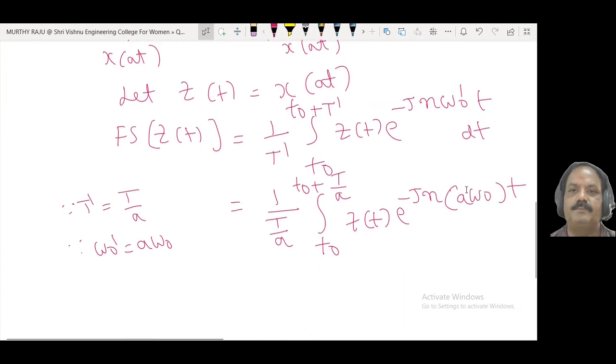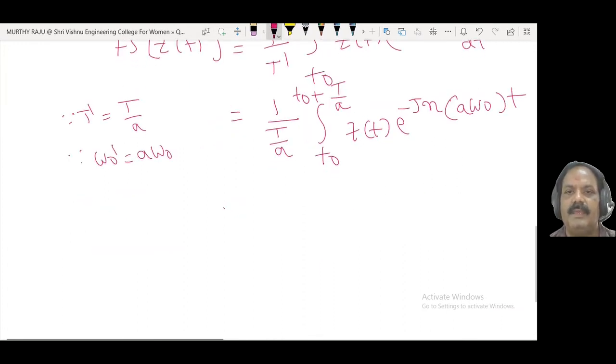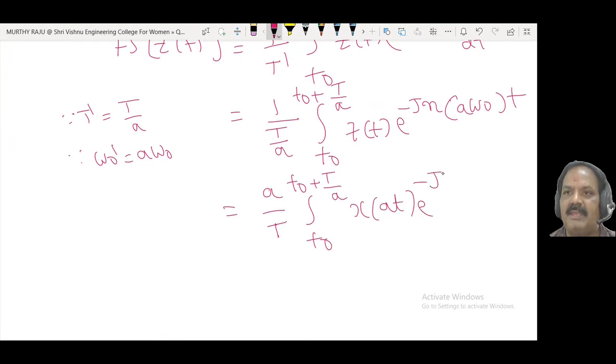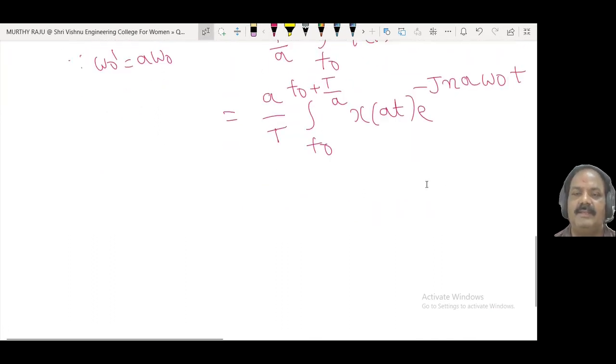So a by T, integral from t naught to t naught plus T by a, where z of t is x of at, e power minus j n a omega naught t dt.